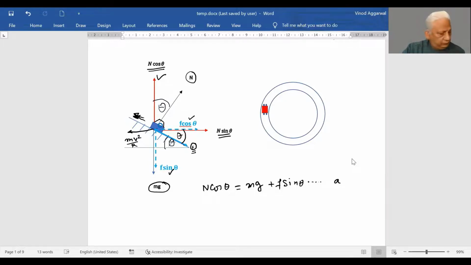Then the second equation, if we take the horizontal components, which is N sin theta plus F cos theta, this is equal to mv square by r. These are the horizontal components. These are the vertical components.